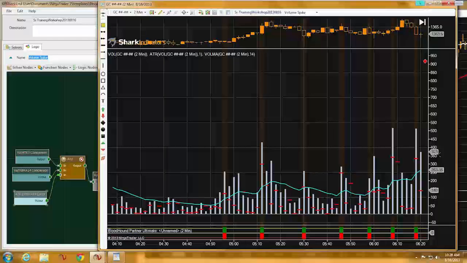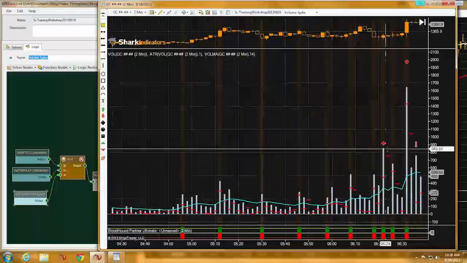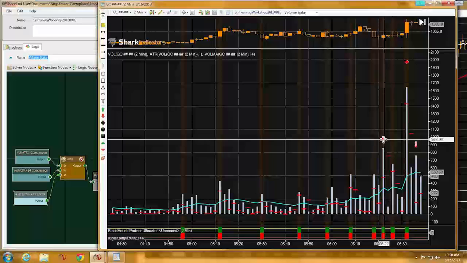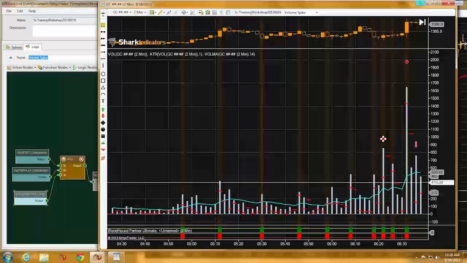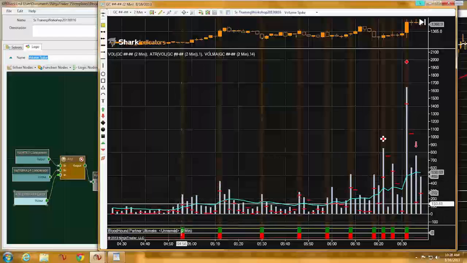So yes, that's double the volume. So this one here was a good signal, and all the rest looked pretty obvious as good double volume spikes.